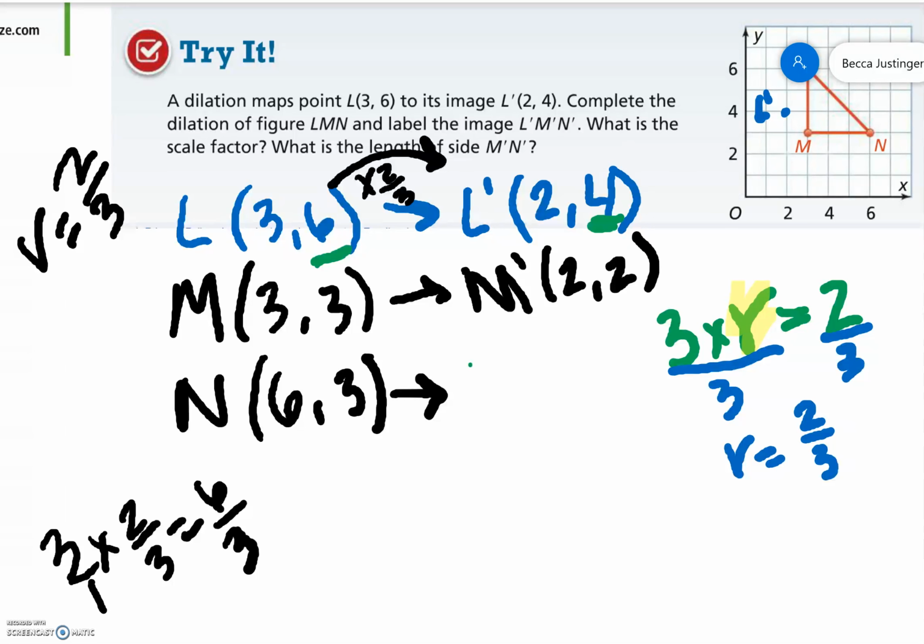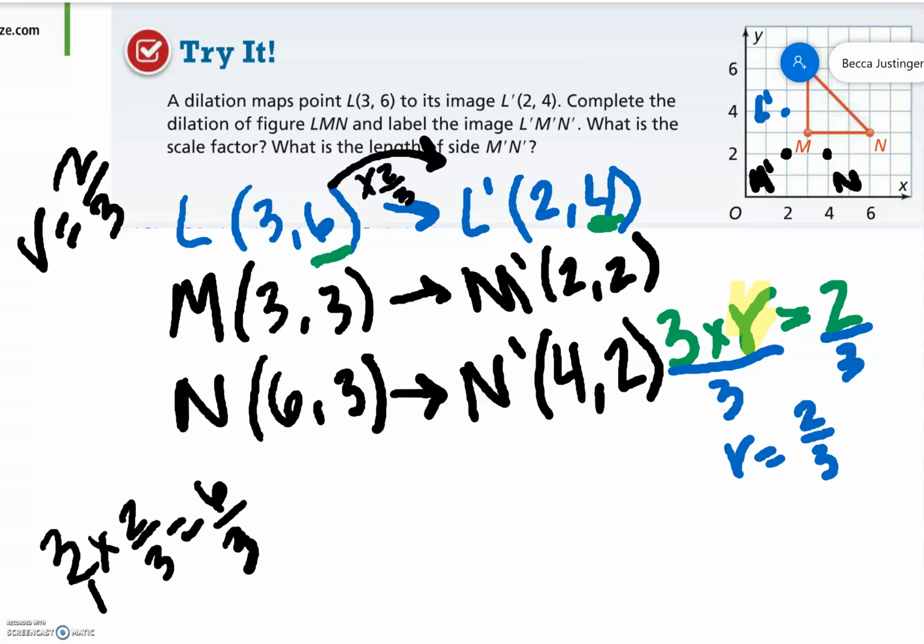So for N prime, it's going to be 4, 2, since we found that 6 turns into 4, and 3 turns into 2. So I'll plot these points, 2, 2, that's M prime, and 4, 2, that's N prime. Connect the dots. Same shape, different size, not congruent. The length of side M prime N prime is 2, which originally was 3.